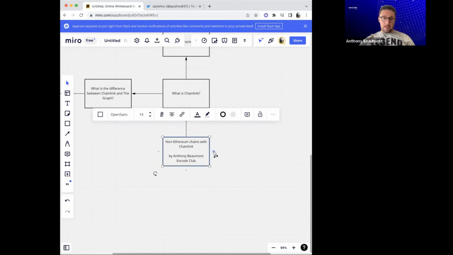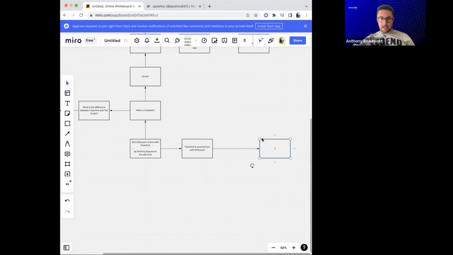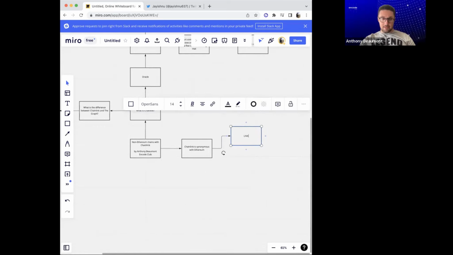Now, Chainlink is mostly synonymous with Ethereum. It is synonymous in two respects. One, LINK, the token of Chainlink, is an ERC20, so a fungible token on Ethereum.